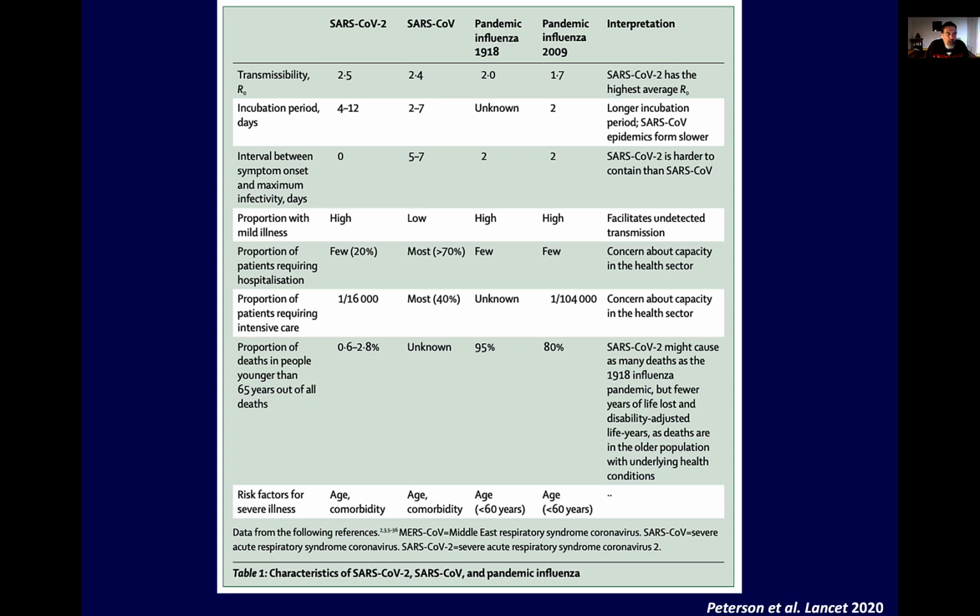This came from one of your readings for this week that shows some of the different properties of the human coronaviruses as well as pandemic flu from 1918 and pandemic flu in 2009. These relate to the reproductive rate, which is the average number of people that an individual with the infection will go on to infect, and the incubation period.